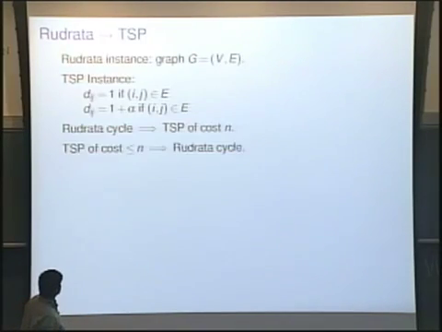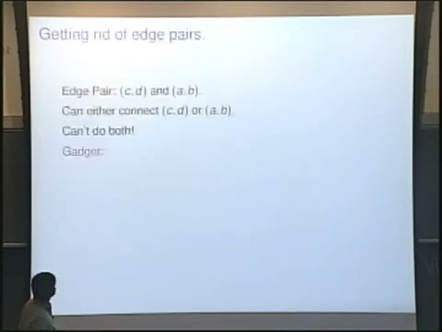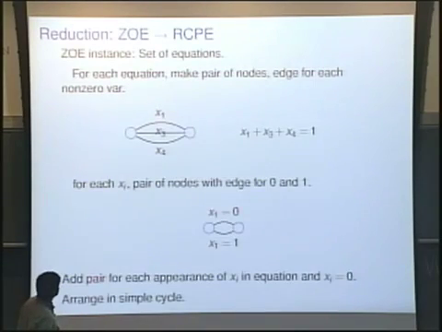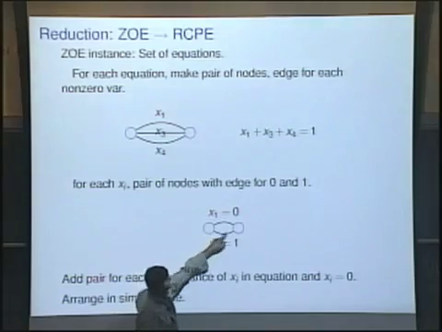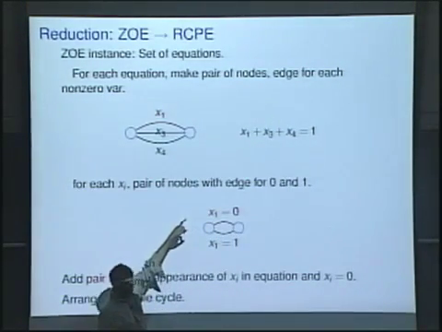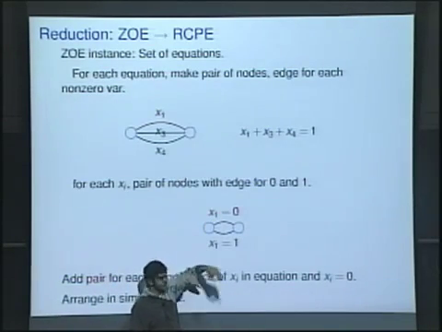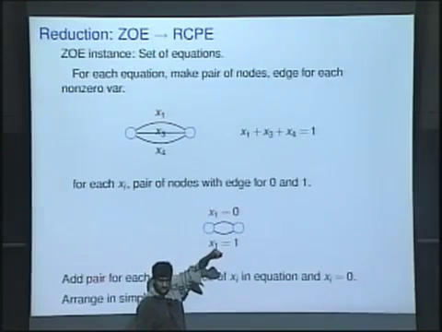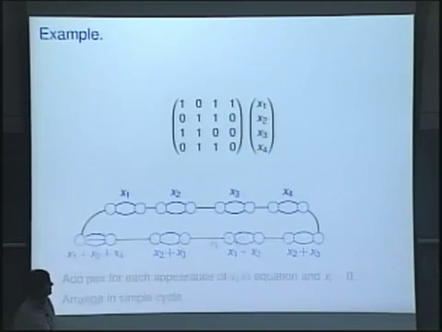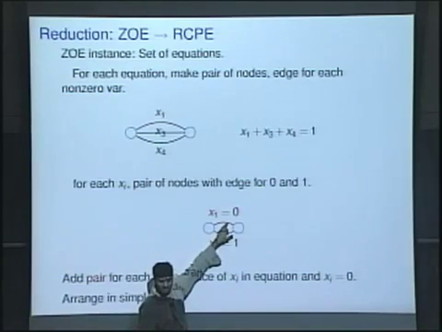So what you would do here, for an edge pair, you'd have this be C to D, and that be A to B. And this red edge, all that middle part of that gadget we built, would be these two edges together. And now this edge is actually in more than one pair.